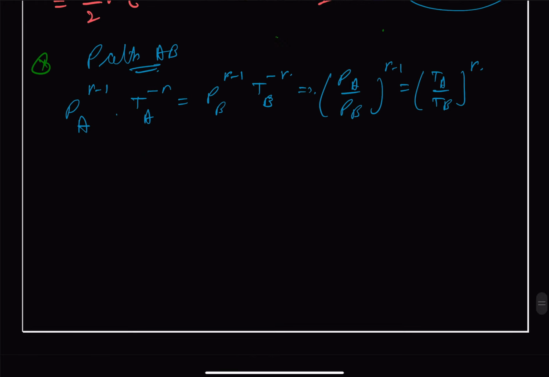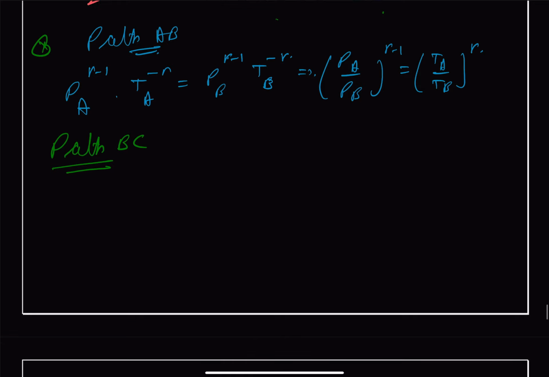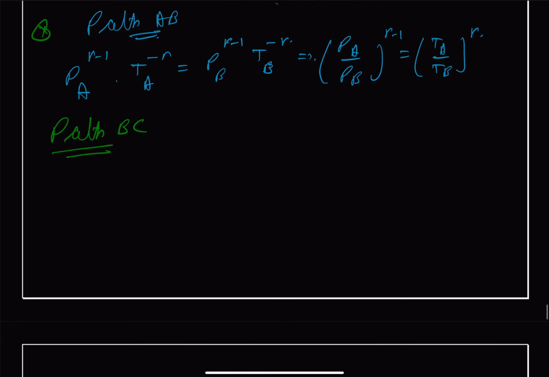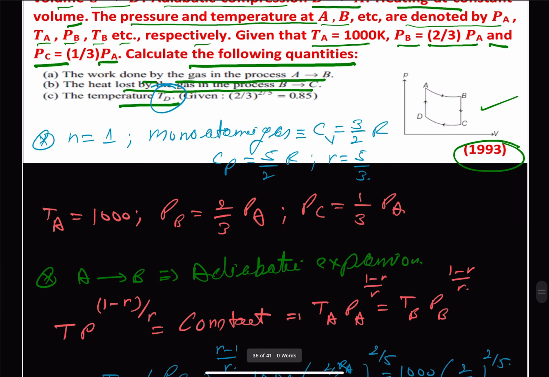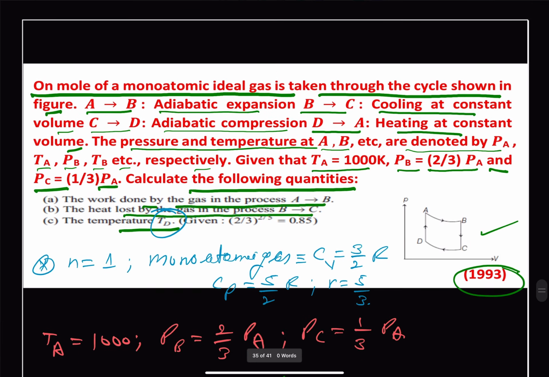Similarly, we can write for path BC. Path BC is going to give us PB upon TB, because BC is, I think, constant volume. Yeah, it is a constant volume.